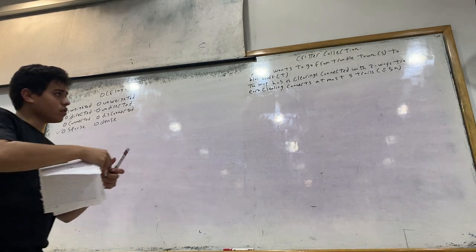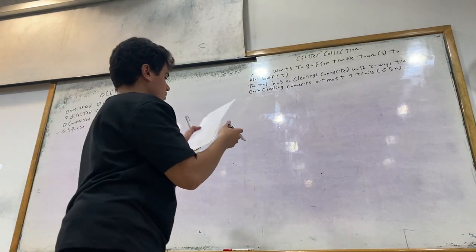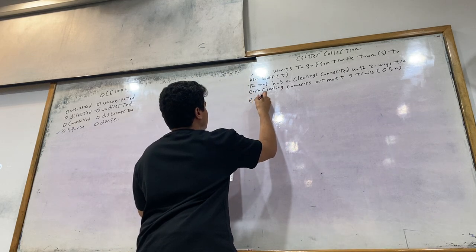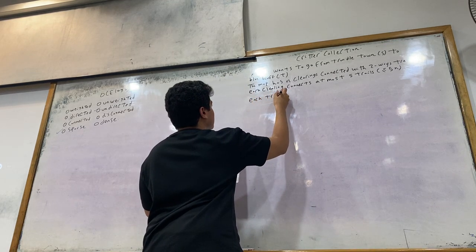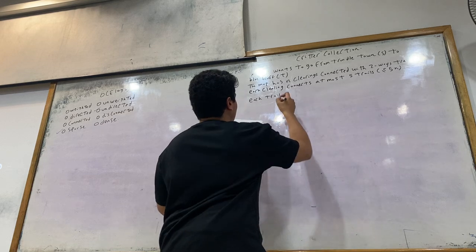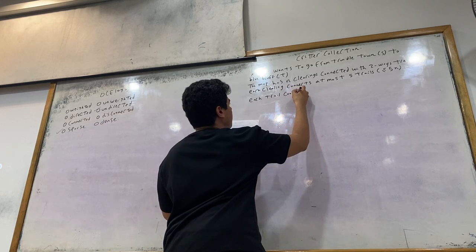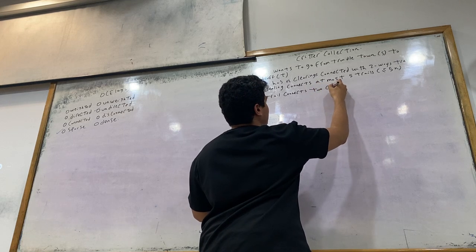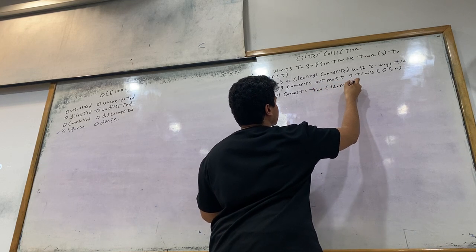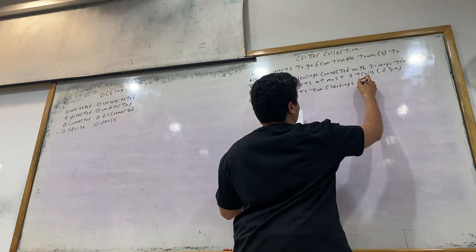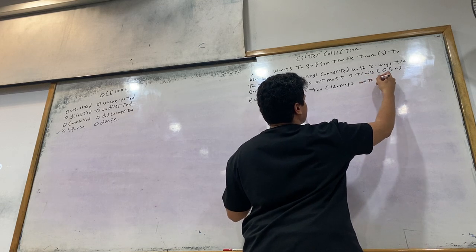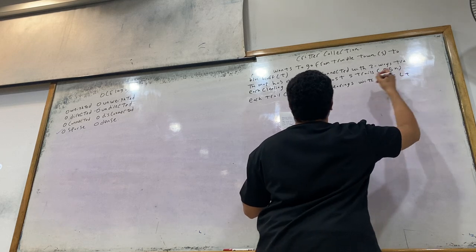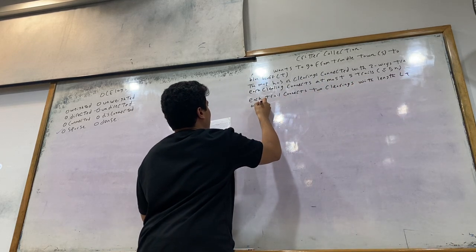Then it tells you each trial connects two clearings with length LT and craters CT.